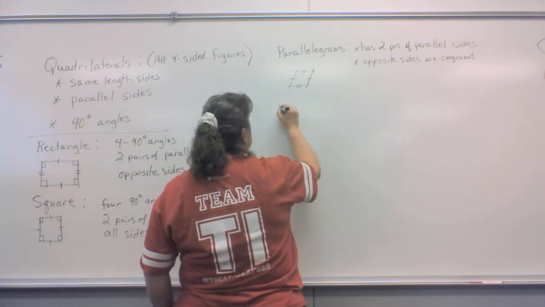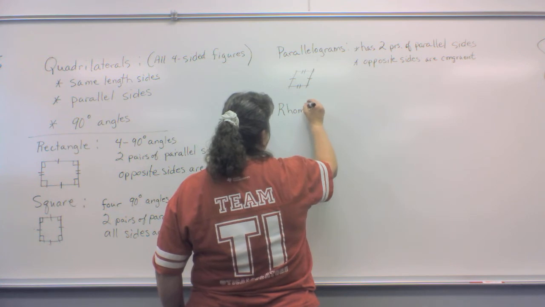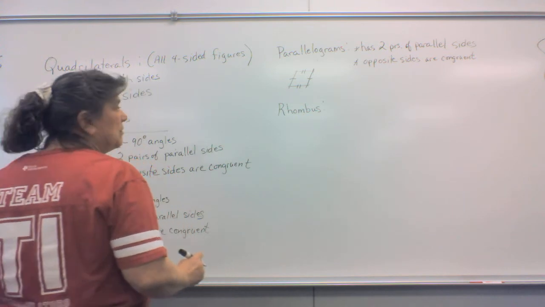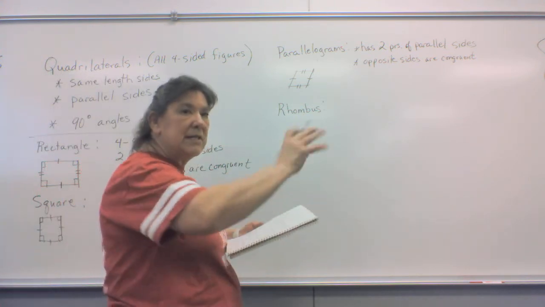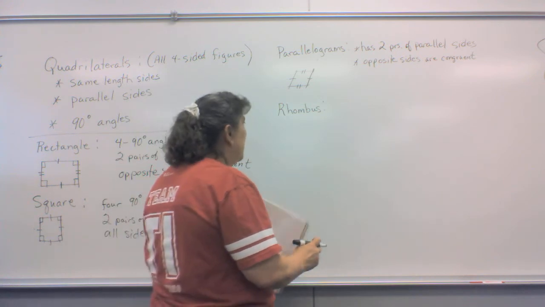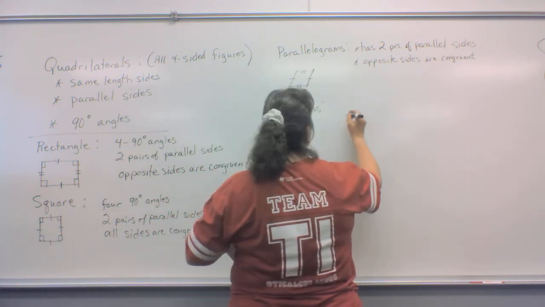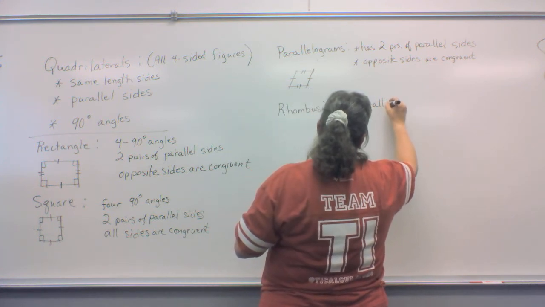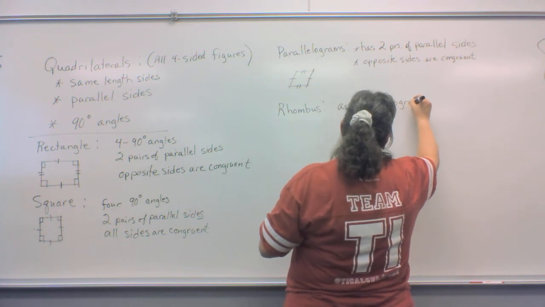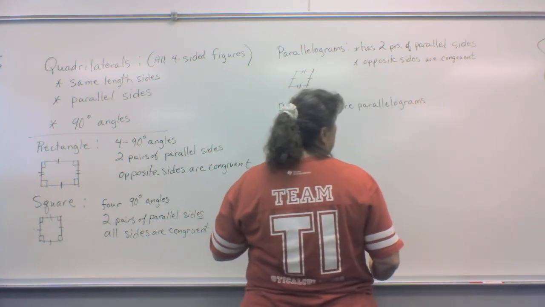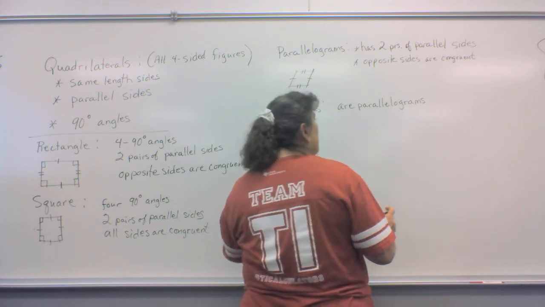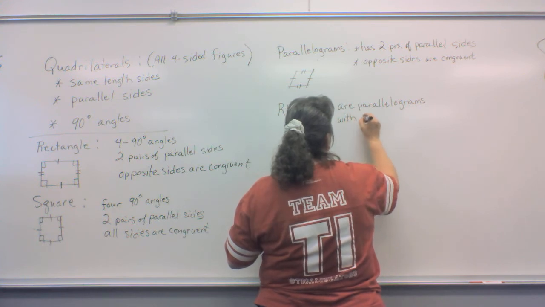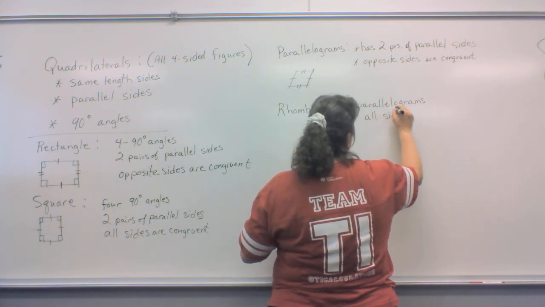A rhombus is a special kind of a parallelogram, but a square could also be a rhombus, okay? So you see how these things all interconnect. Okay, these are parallelograms, which means they have 2 pairs of parallel sides and opposite sides are congruent, but the difference is a rhombus is a parallelogram with all sides congruent.